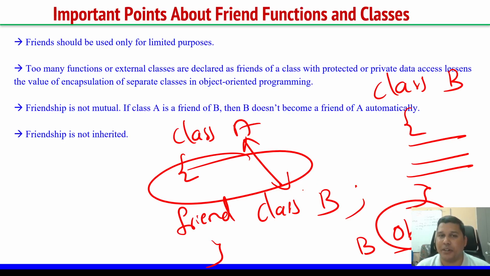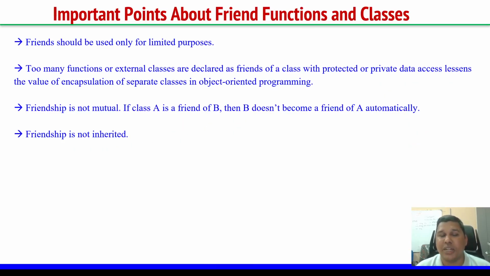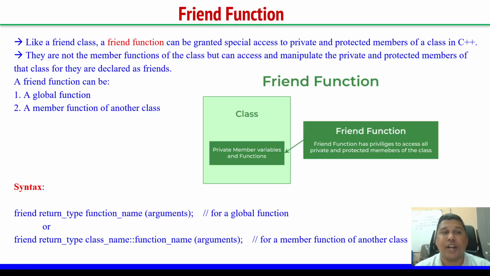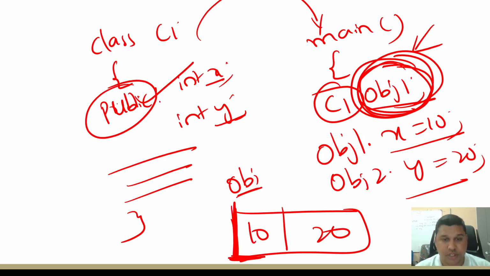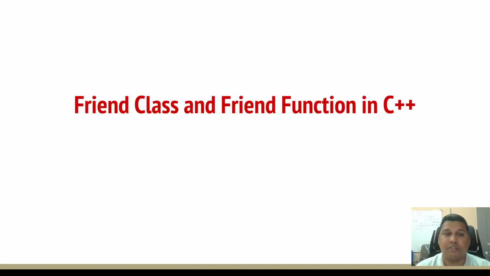It's only friendship. So only a few things can be accessed. Friendship is not inherited, it is not inheritance, it's only friendship. Only those private and protected variables can be used in the functions. Okay, so this is about friend class and friend functions in C++.